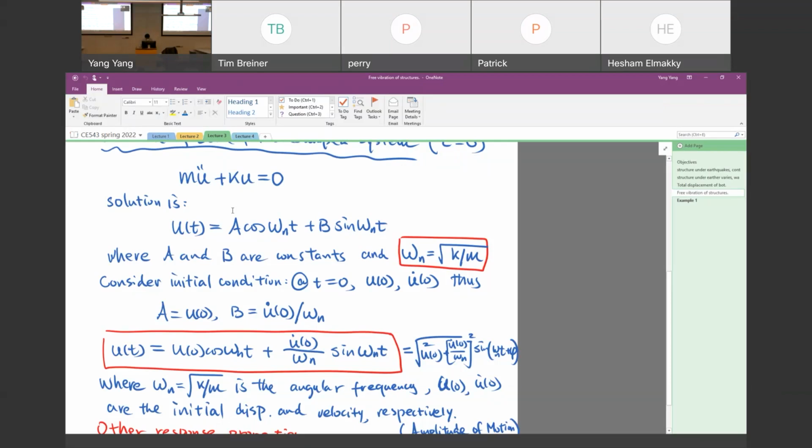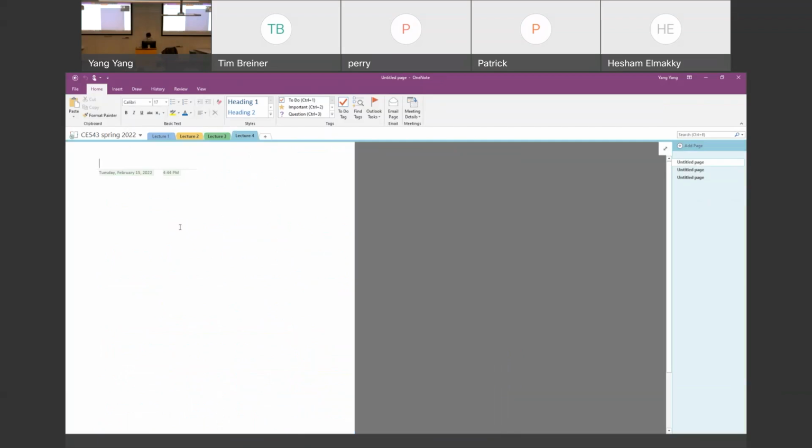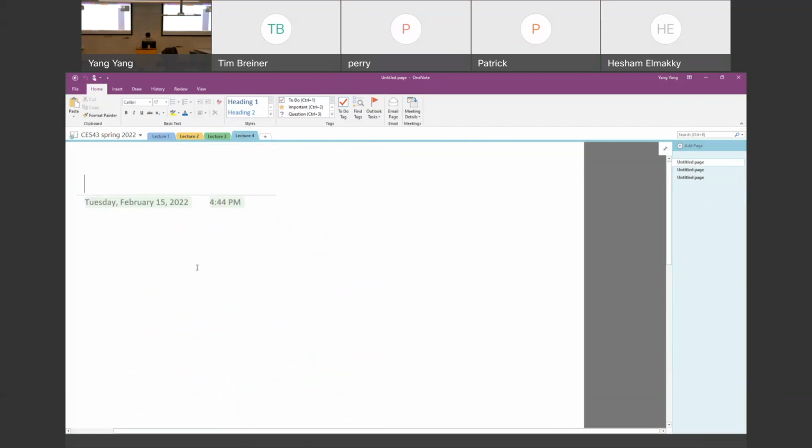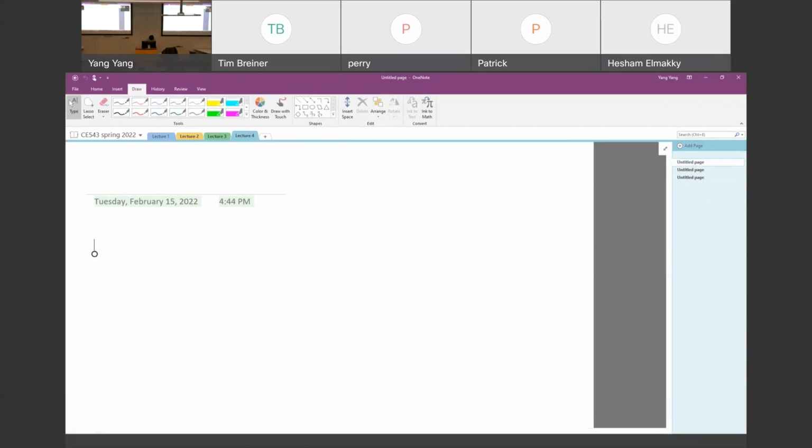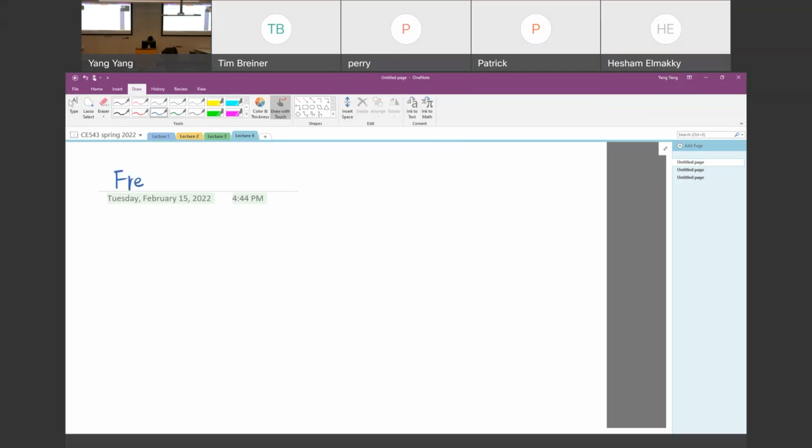And this time we will talk about another case of free vibration. We will talk about a single degree of freedom system with damping.